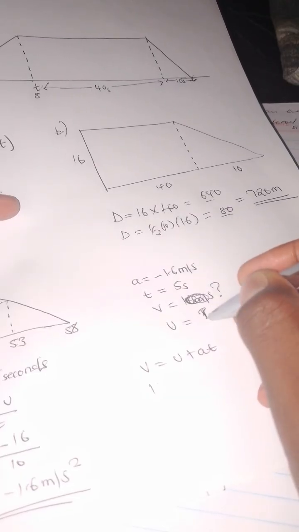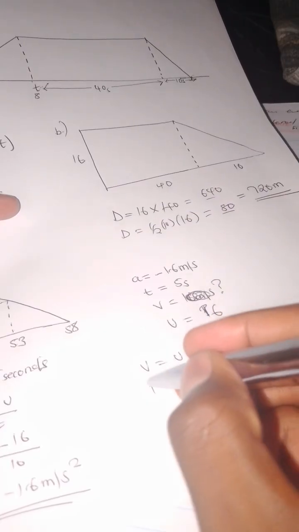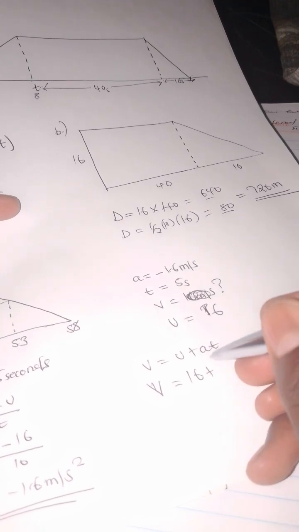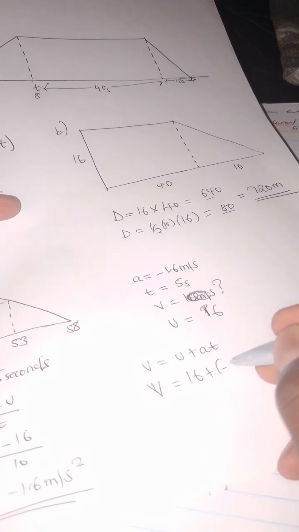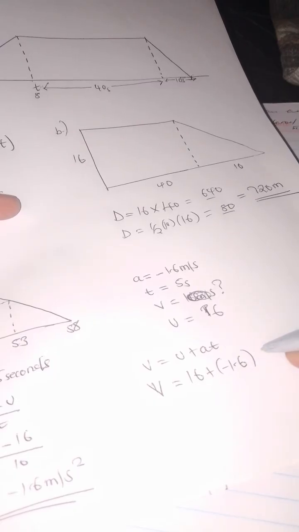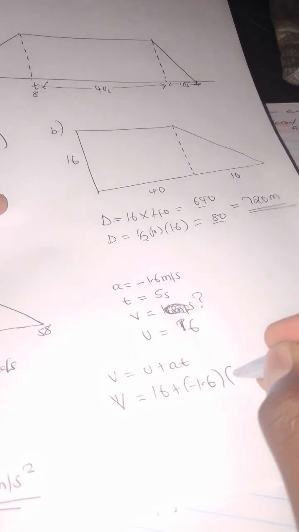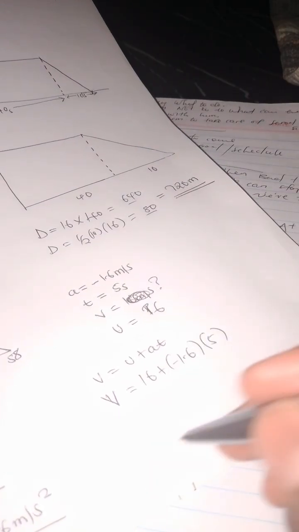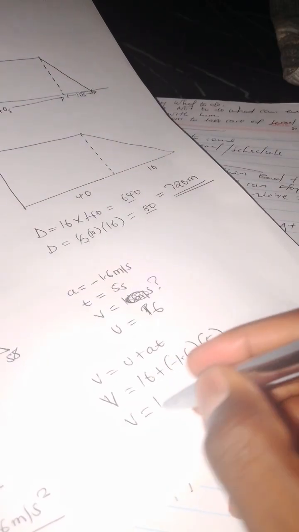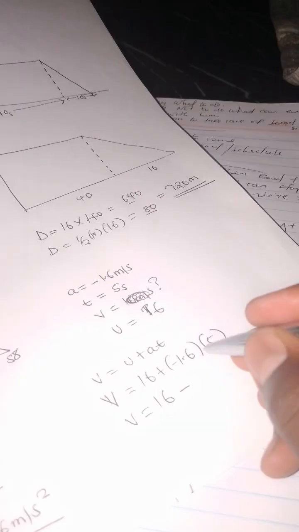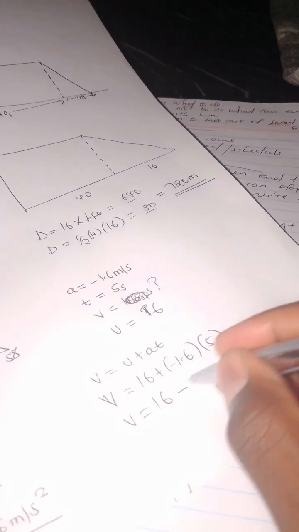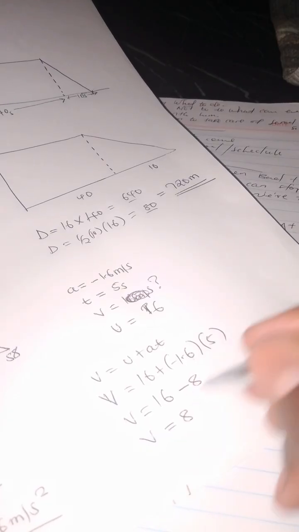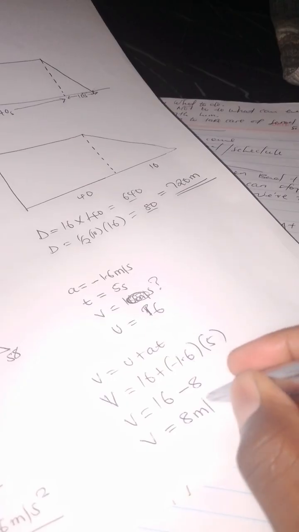This is 16. So v is equal to 16 plus our deceleration, which is -1.6, times time, which is 5. v is equal to 16 minus this multiplied by this, it's -8. So velocity is equal to 8 meters per second. This is our final answer.